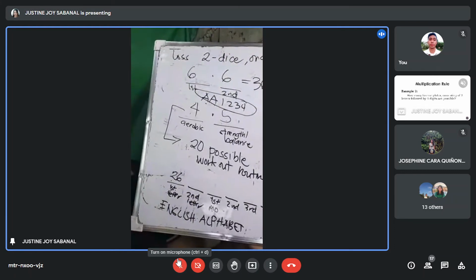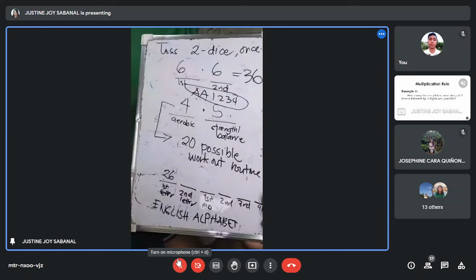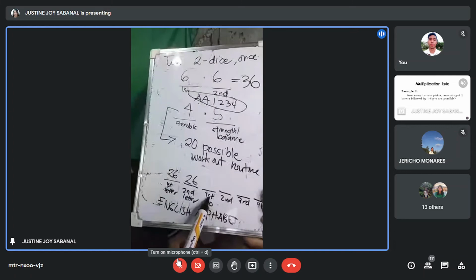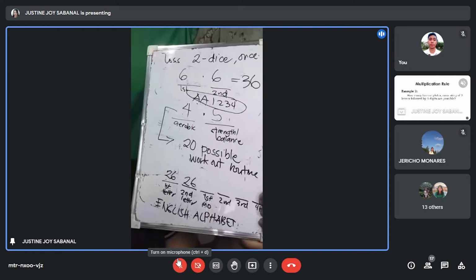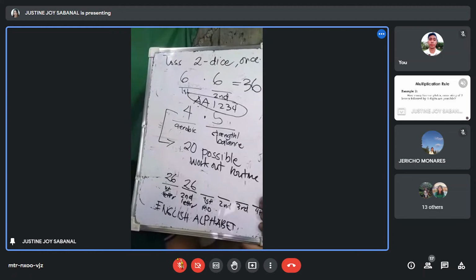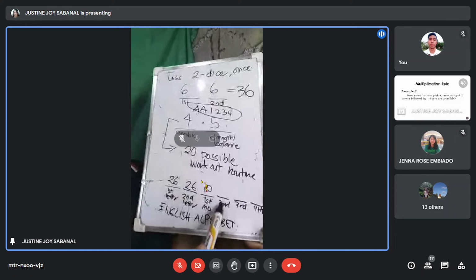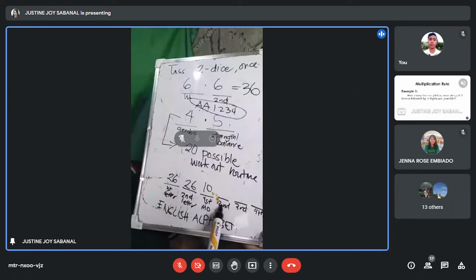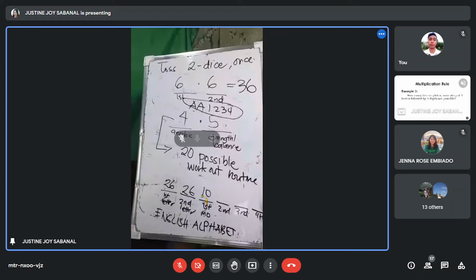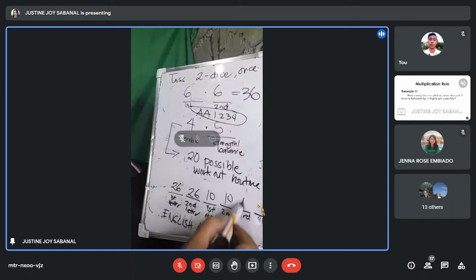Ilan yung options mo for the second position? 26 din po. Okay, thank you. So, how about dun sa first number? How many options do we have? 10 po. Okay, correct. That is 10. Nagbago ba yung number of options natin for the second, third, and fourth position? Hindi po. So, tig-10 pa rin yan.